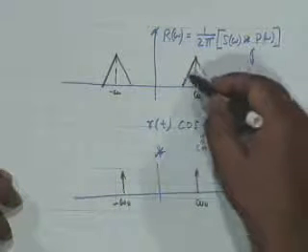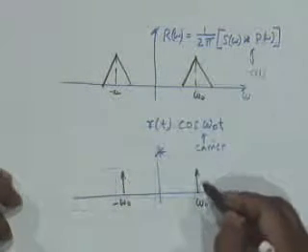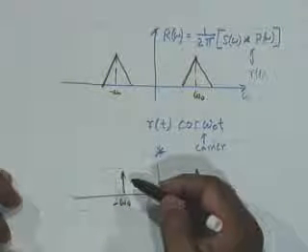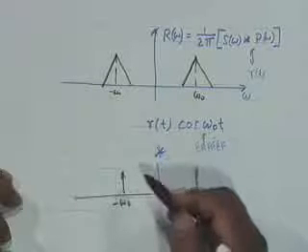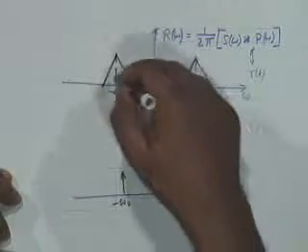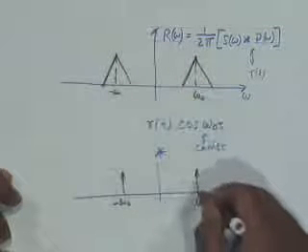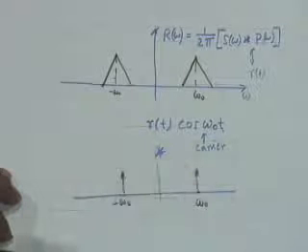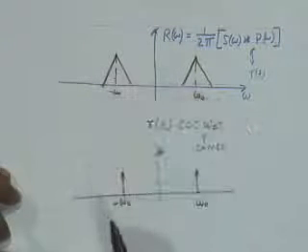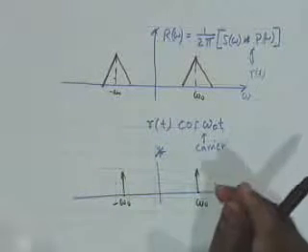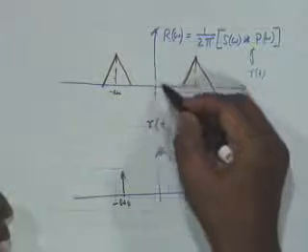Now, if you convolve this with this as well as this, obviously you shall get two spectra. Similarly, from here you will get convolution of this with this, the impulse at omega 0 and the impulse at minus omega 0. That will also create two such triangles. But interestingly, two of these triangles will be at low frequency.